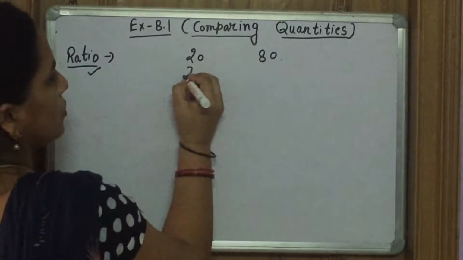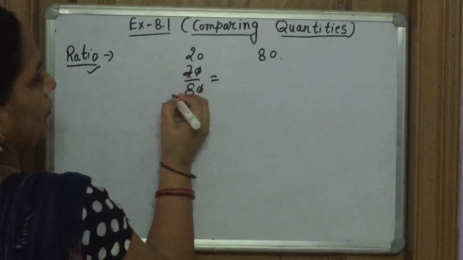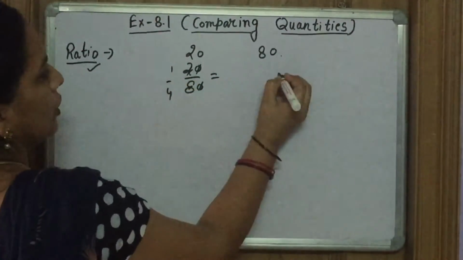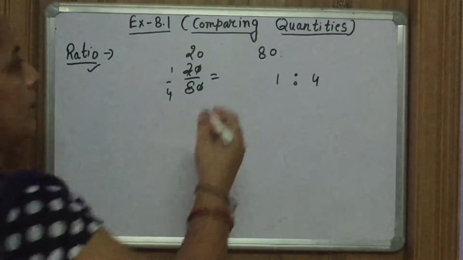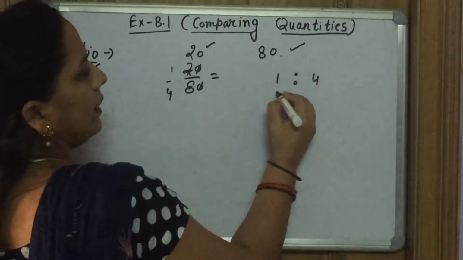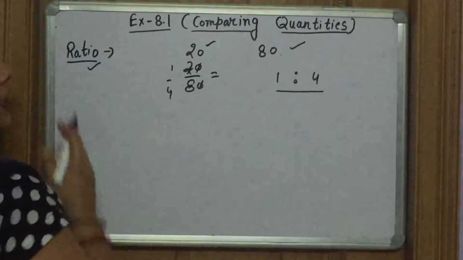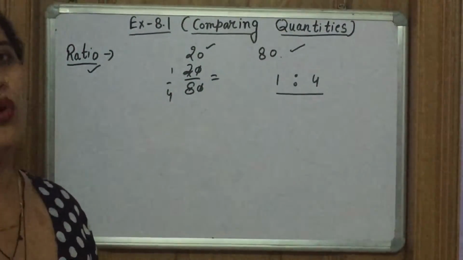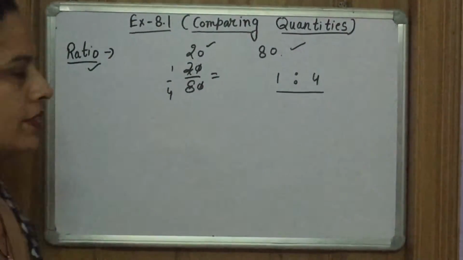We divide these two numbers, then we get 1 by 4. So we can say that the ratio between these two numbers is 1:4. So ratio is the comparison of two quantities of the same kind by division.